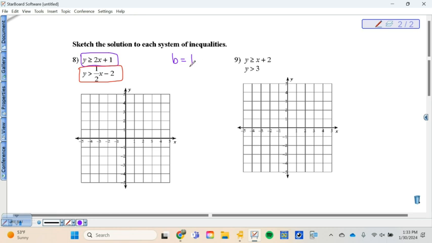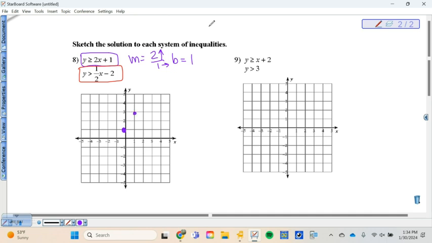My y-intercept is at 1 for the purple. So I start at 1. And then what do I look at? The slope is 2. What does that mean for rise over run? Very good. Up 2 over 1. Okay, I got my 2 points.